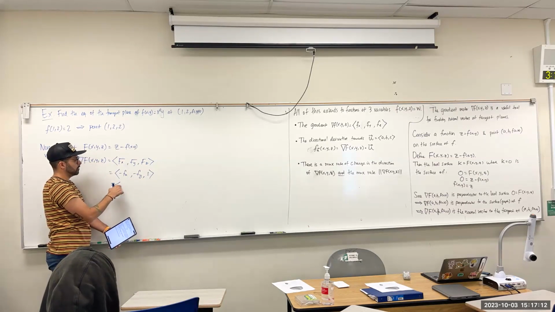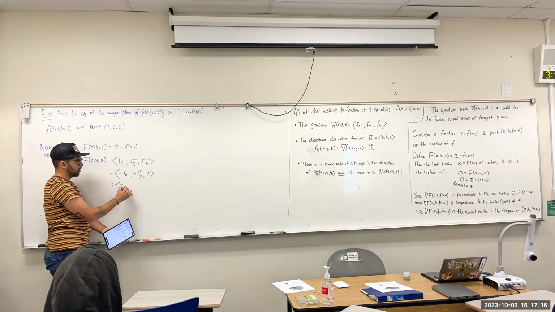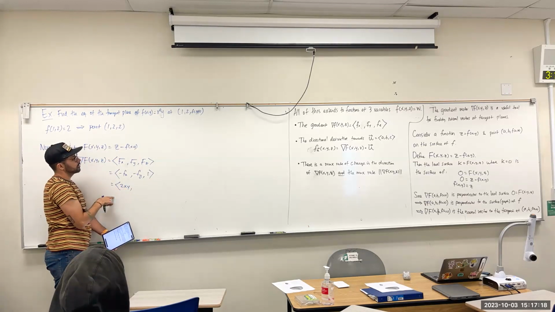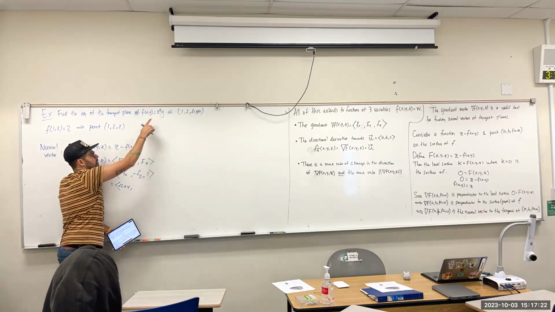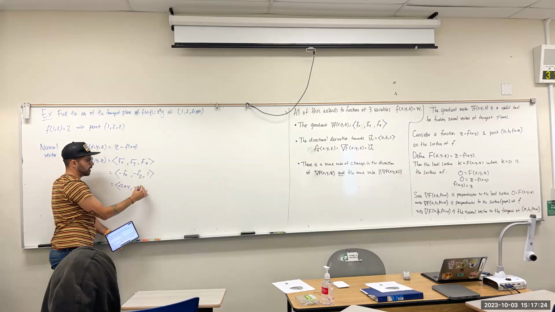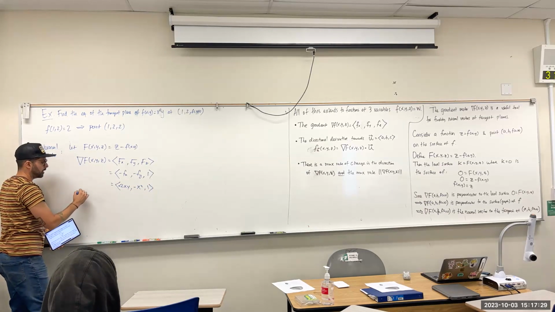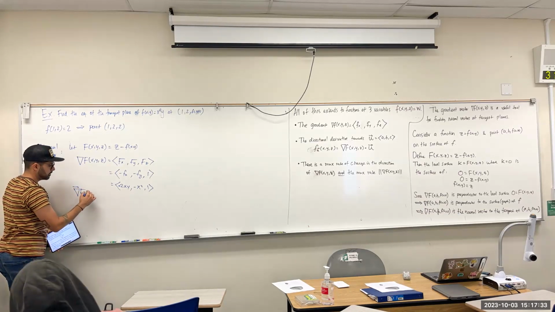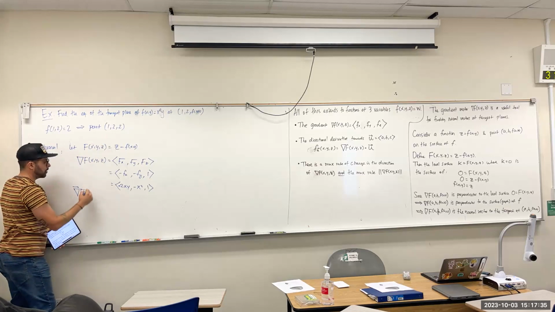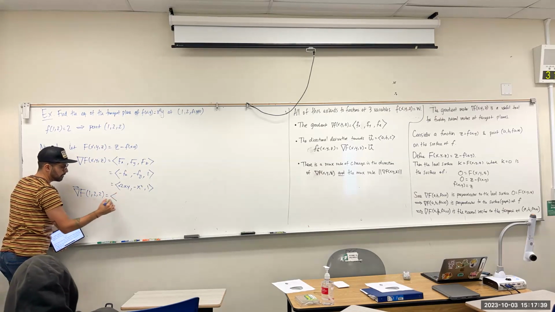So then take the partial of f with respect to x. It's 2xy. Take the partial with respect to y. Negative x squared, and then 1. So now plug in the point 1, 1, 2 to give you the normal vector.